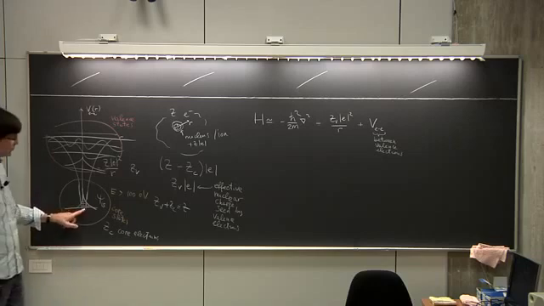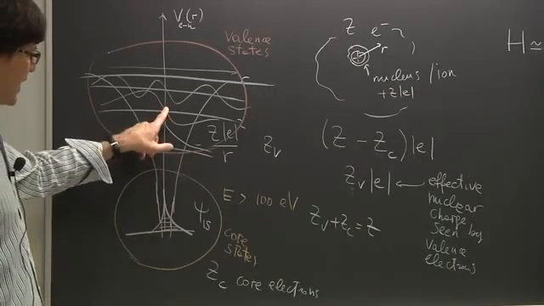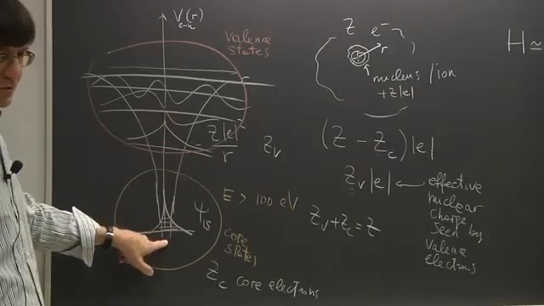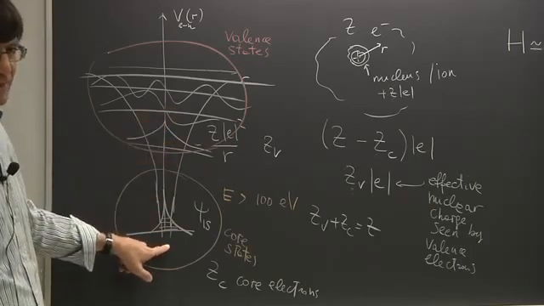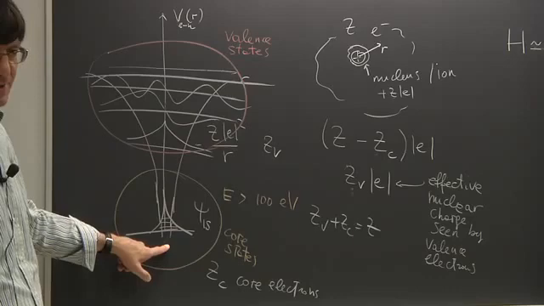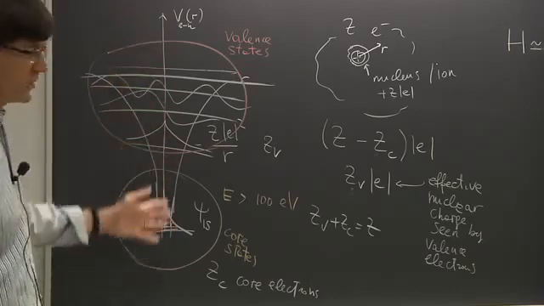And in fact, I need to always keep in mind that when I do this exercise of removing the core states, there is not only the charge that these electrons see due to the presence of core states, but there's also the fact that these states must be orthogonal to the underlying core states, right? Because they are the result of the same Hamiltonian.